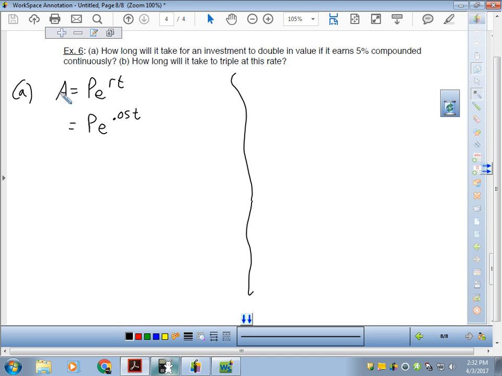And our amount, well, we want to double our investment, so we want to have 2P. Next, we'll divide both sides by P, which allows those P's to cancel out. And so we end up with 2 equals e to the 0.05t.